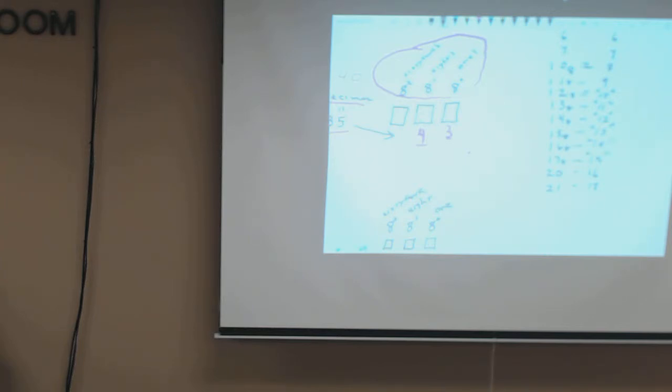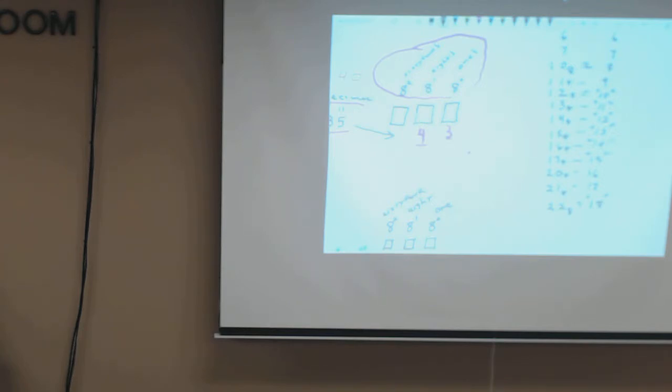And 2, 0 in base 8 is 16 in decimal. And 2, 1 in base 8 is 17 in decimal. So what would 2, 2 be? 2 8s would be 16, plus 2 more would be 18 in decimal. Everybody follow what's going on?